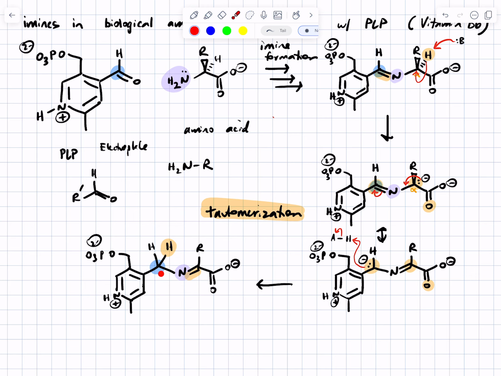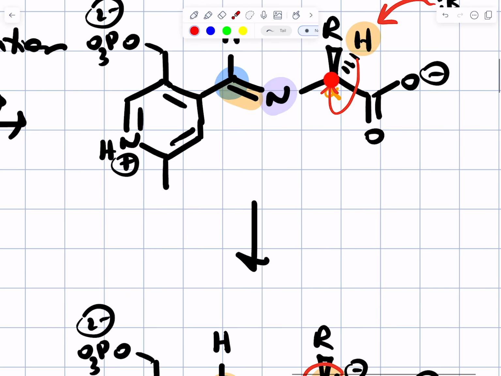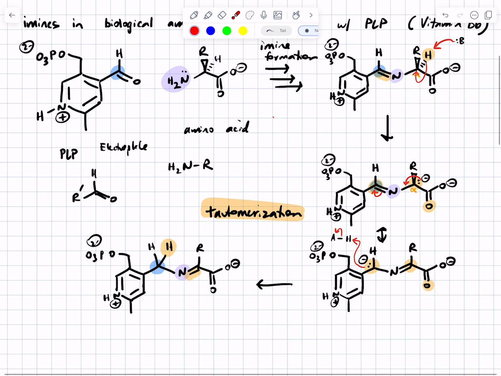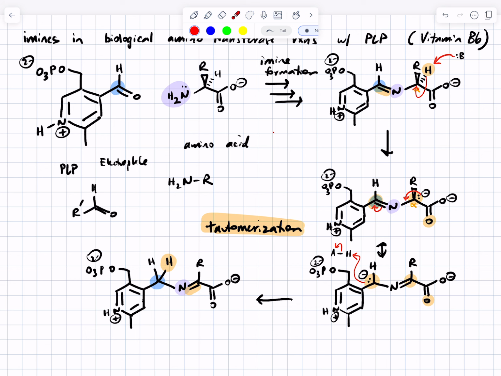Just by tautomerization. And what used to be an sp3 hybridized carbon here, prior to tautomerization, is now an sp2 hybridized carbon. Do you see how that tautomerization step switched where the carbonyl carbon was? Used to be on the left, now it's on the right.